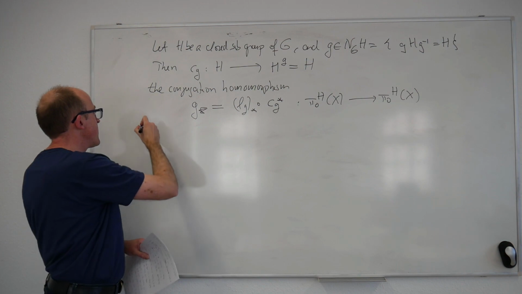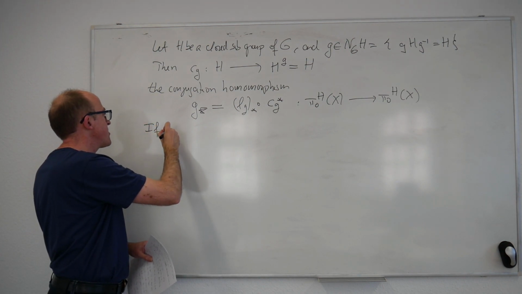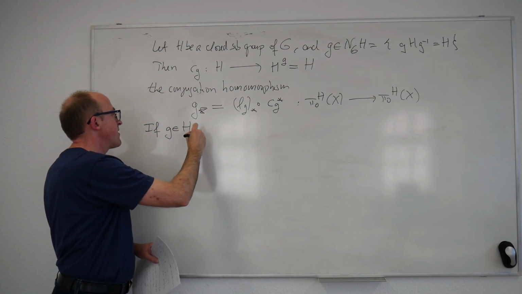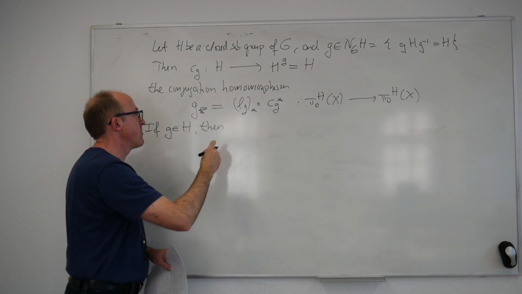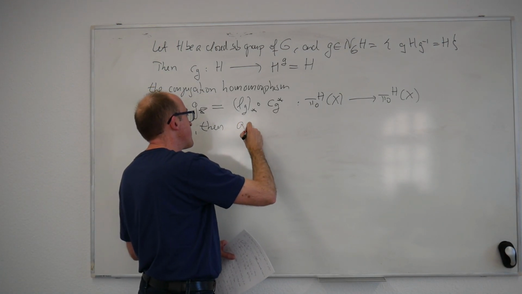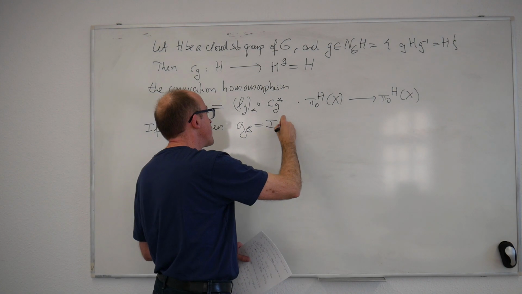So moreover, if the element happens to be in H, then this is the identity. That's a little lemma that I mentioned earlier. Then g lower star is the identity.